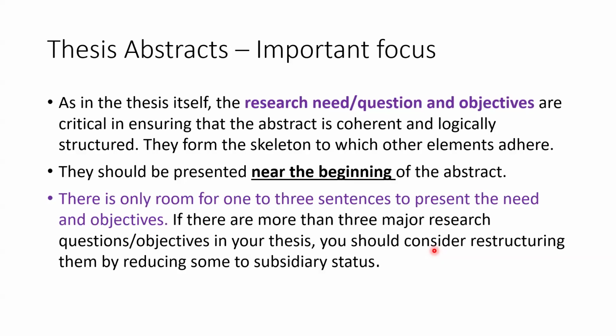That is a challenge, but you need to be concise, focused, and select the words, right? So state the need, question, and objectives clearly, place them at the beginning, and then keep them very concise, precise, focused, ideally written in 2 or 3 sentences. 2 or 3 sentences will account for about 25 to 30 words. That is about 1/10 of your abstract. Please bear that in mind.